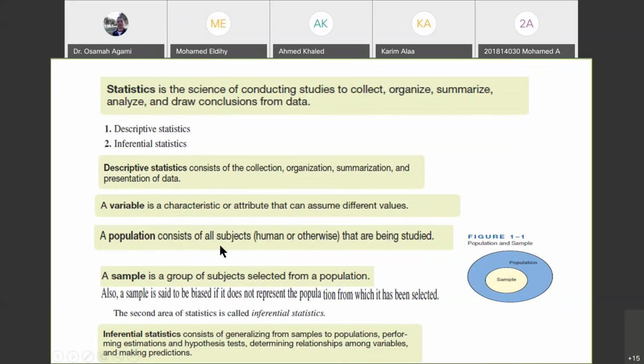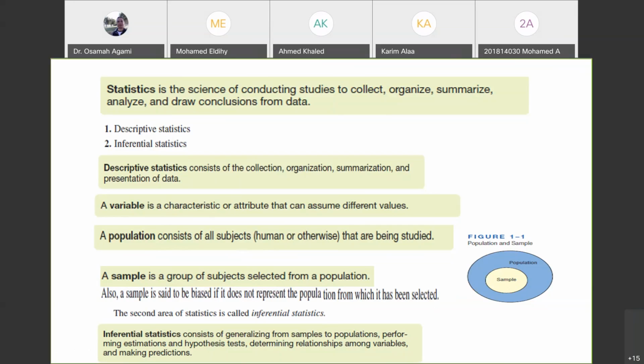The population is everything you are concerned about. If you cannot cover all of it, you take a sample. So the sample is a subset of the population. But in inferential statistics, you have to make a generalization from the sample to the population. This is the main point. I cannot cover the whole population, so I take the sample, and we will learn the types of samples and the methods of sampling.